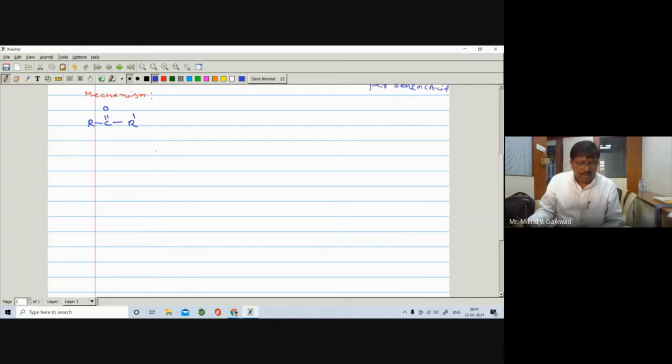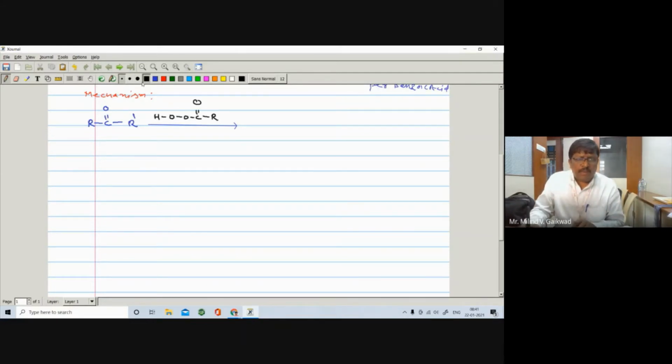When you treat this carbonyl compound with a per acid, here the per acid is H-O-O-C double bond O and R. This R may be the same or may be different.